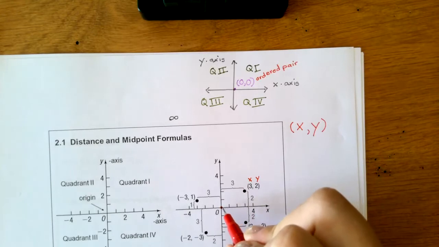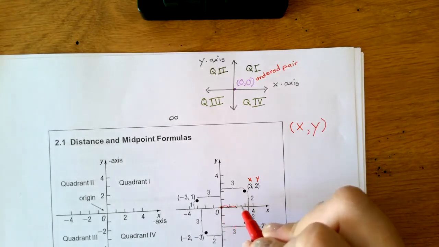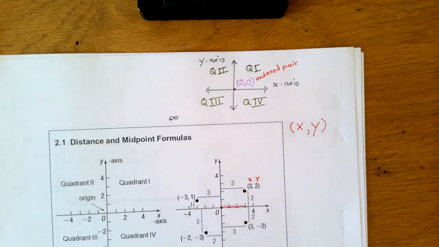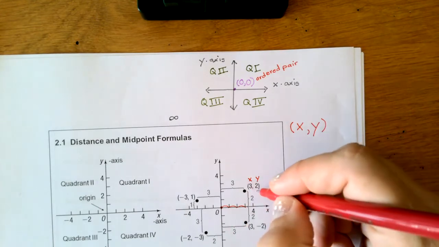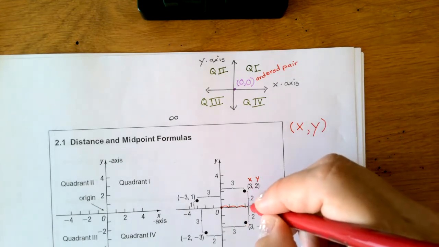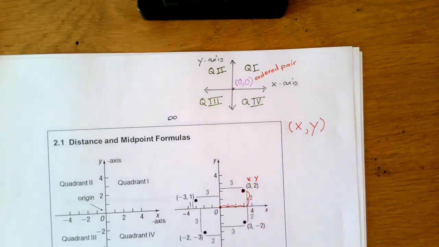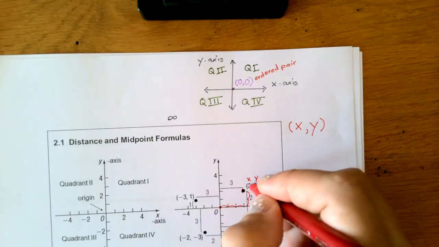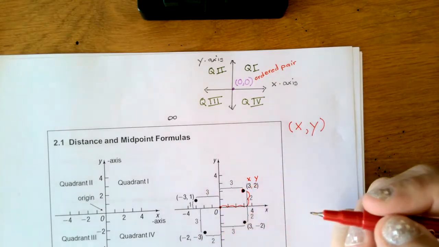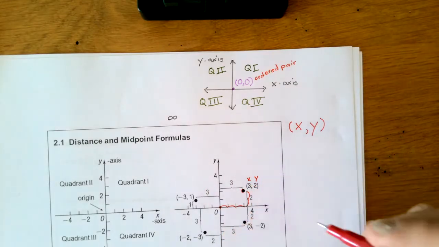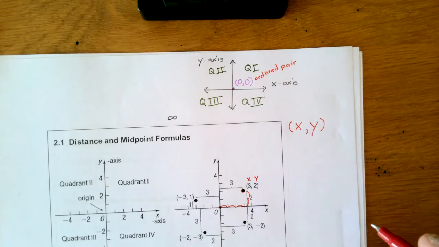So we'll go over 3. 1, 2, 3. Okay. And then we'll go up 2. 1, 2. And then we'll draw our point. And the ordered pair for this point is 3, 2. Okay.